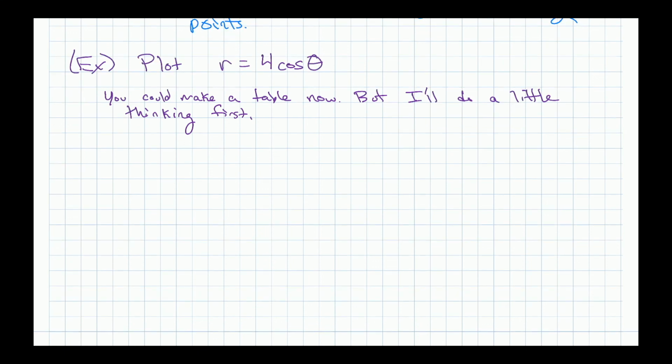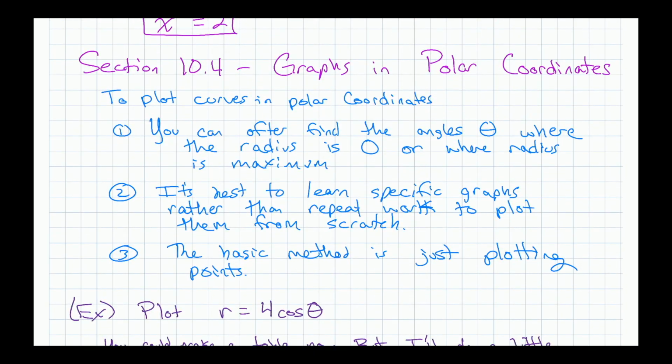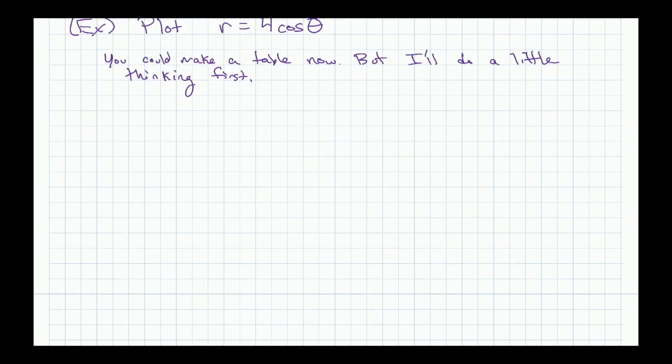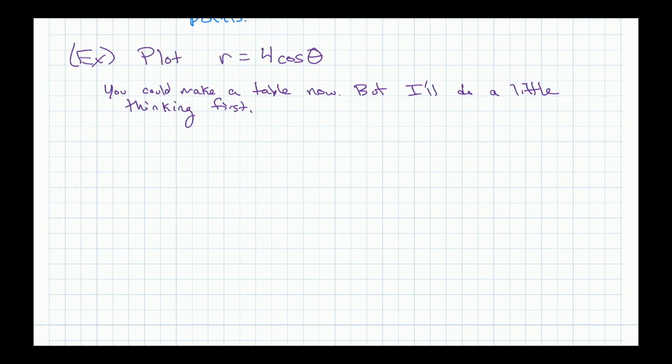So what thinking would we want to do? Well, like what I said up here: number one, you can figure out the angles where the radius is 0 or where the radius is maximum. So if we're looking at r equals 4 cosine theta, we should be able to know where this is 0 and where this is 1, or even -1.